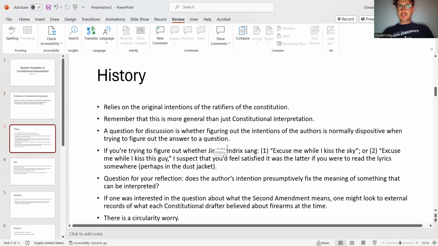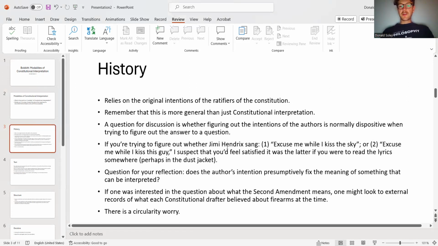But what kind of cases of arm ownership and bearing is that supposed to cover? And when people try to settle on an answer to that question, they'll oftentimes try to consult the intentions of the people who wrote the Constitution, right? In doing so, they're engaging in a kind of historical analysis. They're appealing to a historical modality.